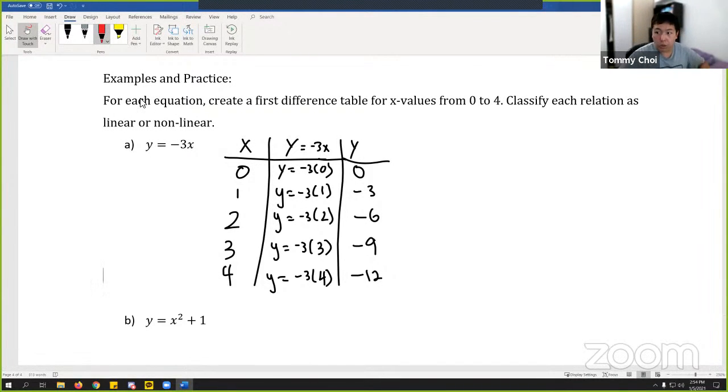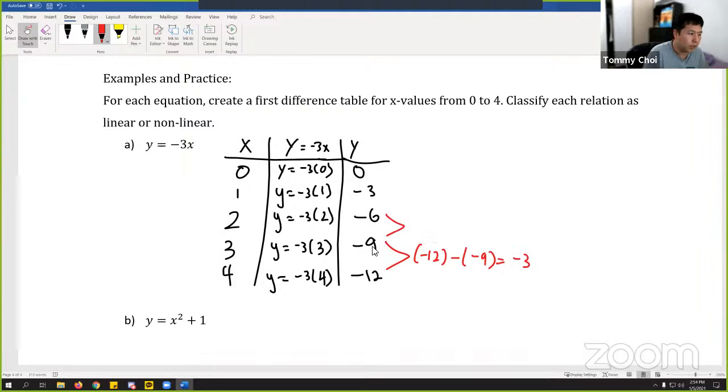Now you'll notice, oh, Mr. Choi, we have to draw it ourselves. I can't really draw first differences very well. That's okay. There's a way you can do it. Starting from bottom to top, you draw a sideways V connecting these two, and then you can write out -12 minus -9, and you do that math, you get -3.